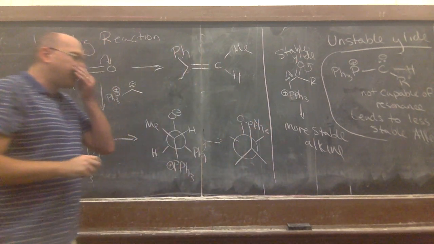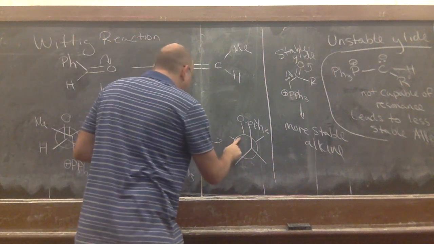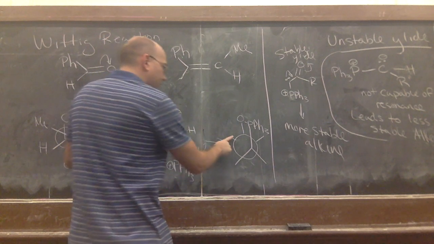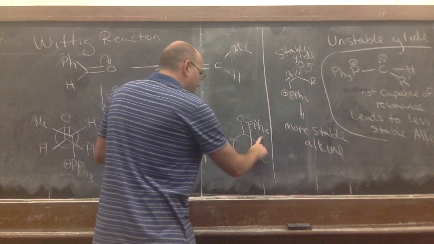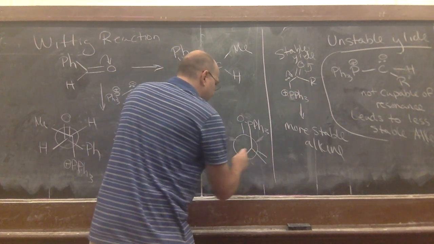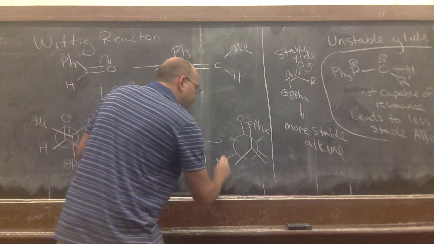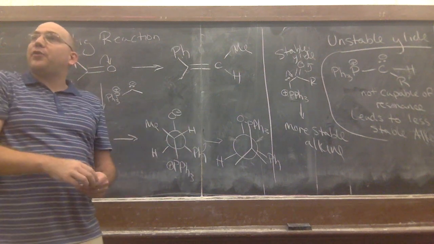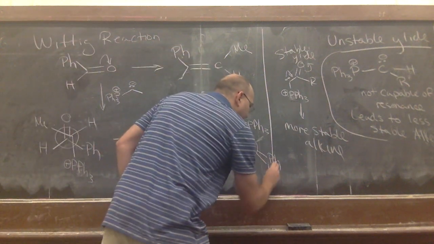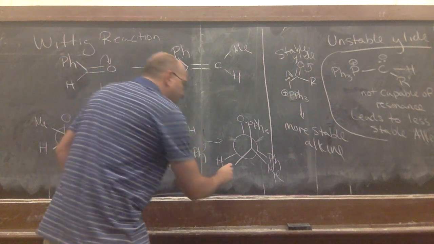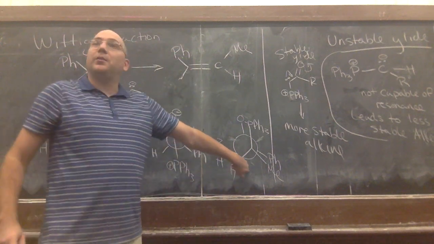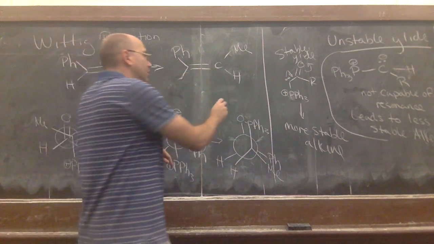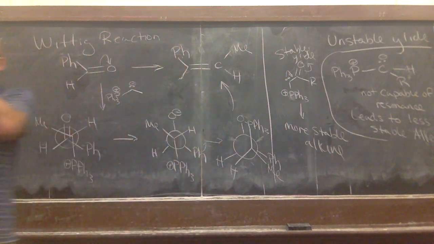But to sort of wrap that around and get to this intermediate that you see right here, what can I just do? Right? When I rotate this around, which place does the methyl group end up at? Over here, right? And where does the proton end up? All right? Such that when we do our elimination, right, what's the product going to be? They're going to be on the same side of it.